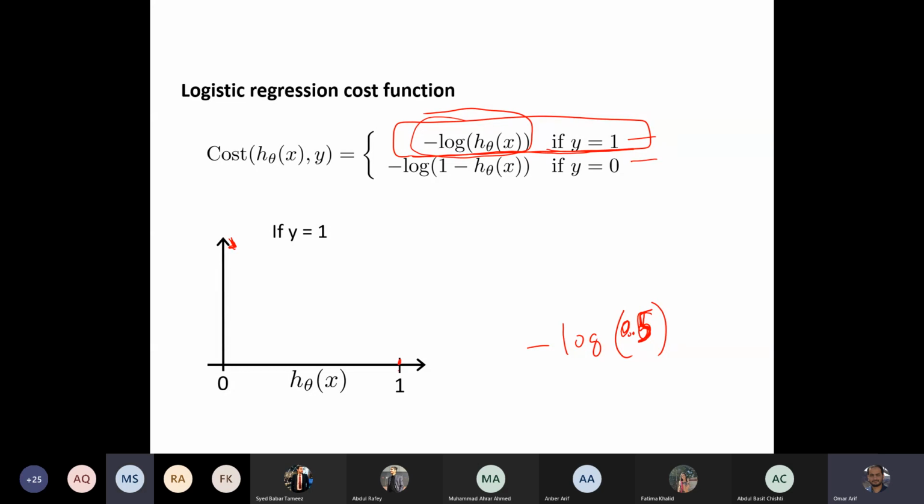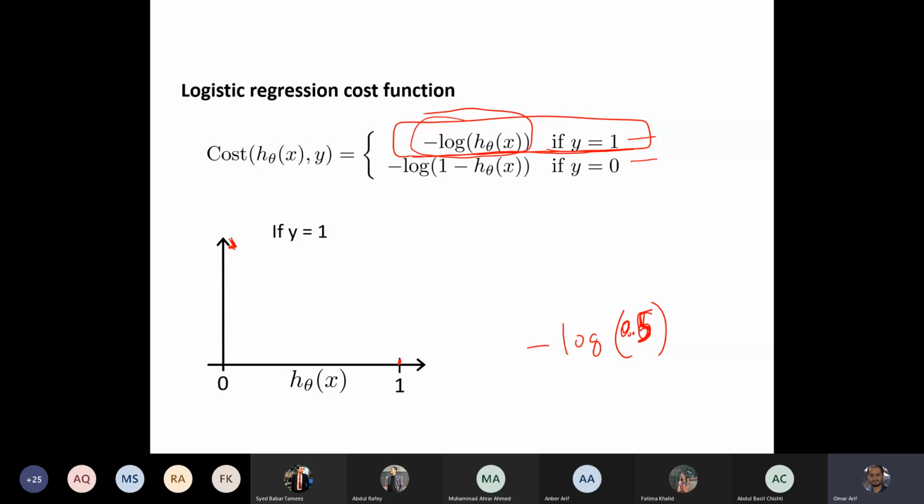Is this log base 10? Log, take the natural log. Yes, please.